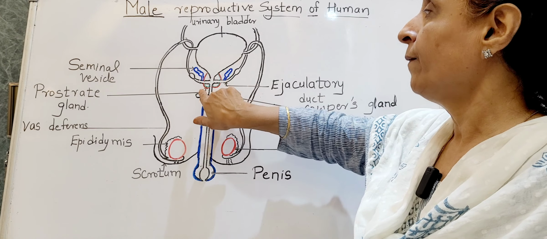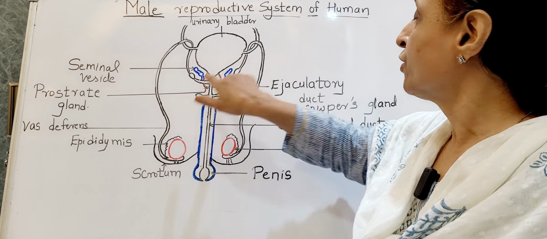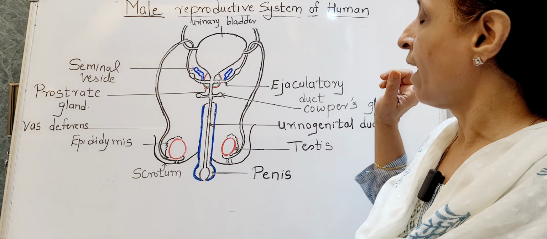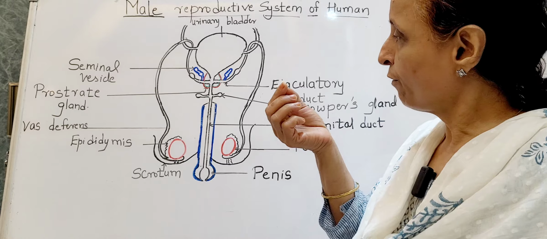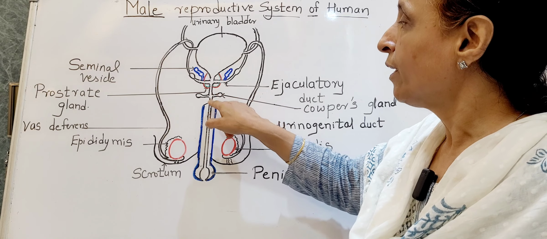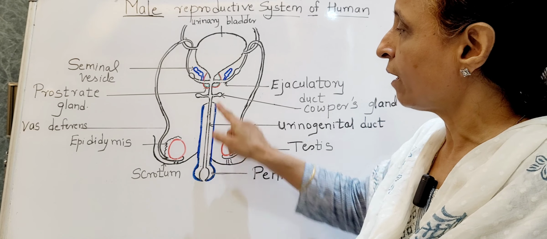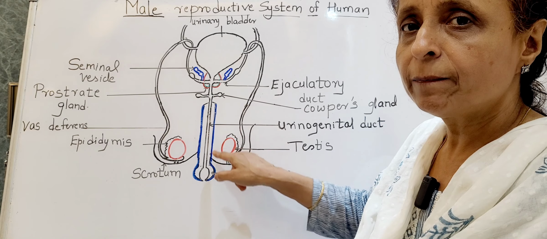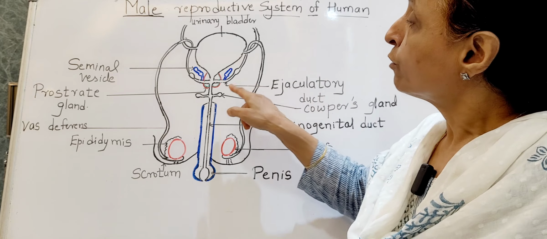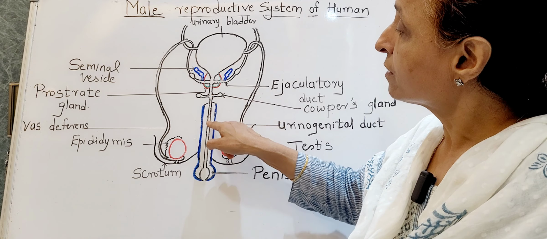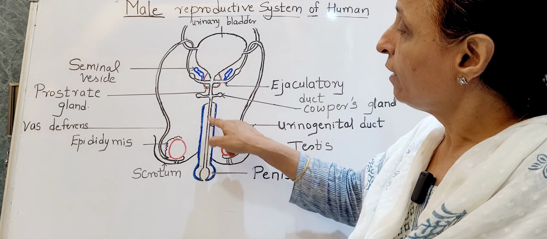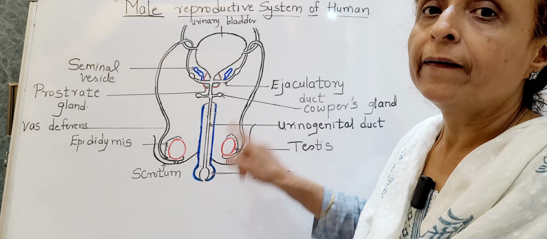Again, there is a gland known as Cowper's gland, which is the size of a pea. It will give out an alkaline fluid. It will clear this duct, because if urine has been passed, it is acidic. So Cowper's gland will pass the fluid which will clear it and make it alkaline.